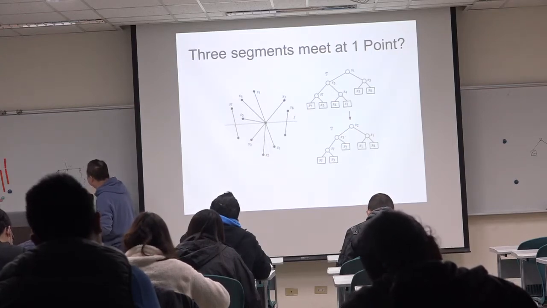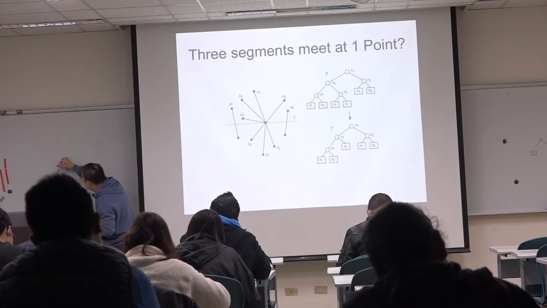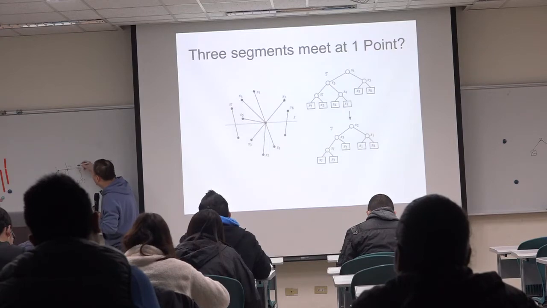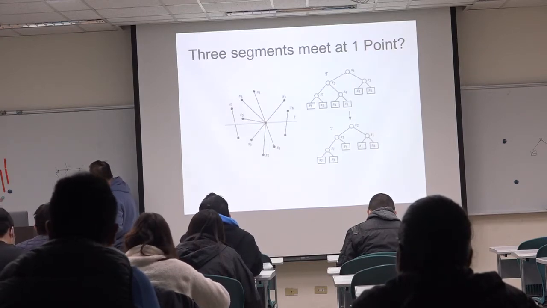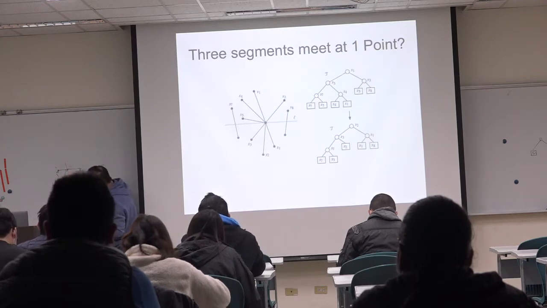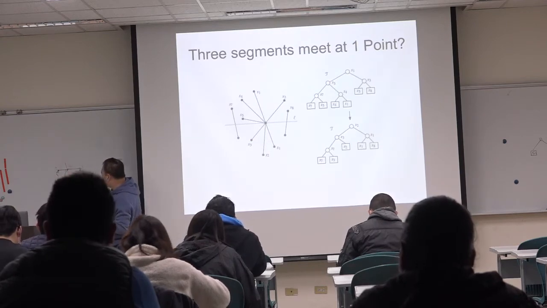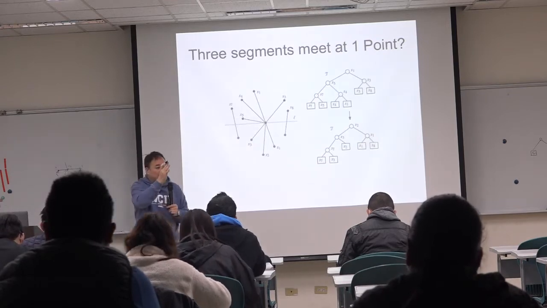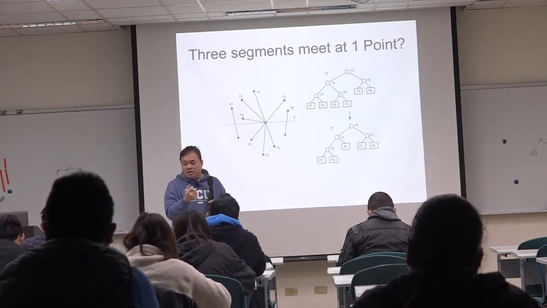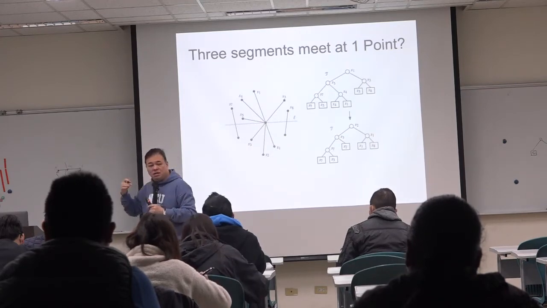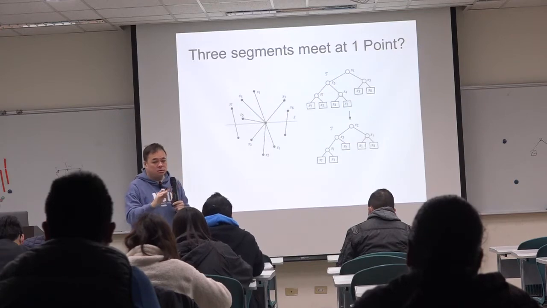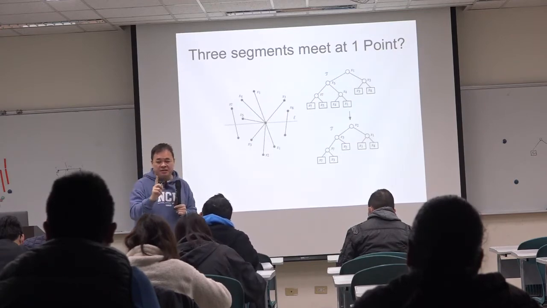This is R, and this is Q. So we are going to deal with P first, and then Q, and then R. And this segment will be handled correctly without any problem. So that's the first degenerate case.